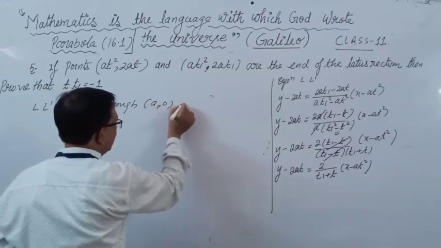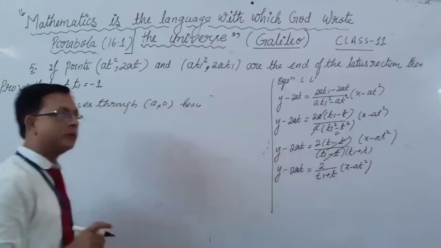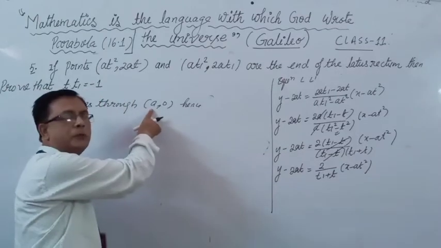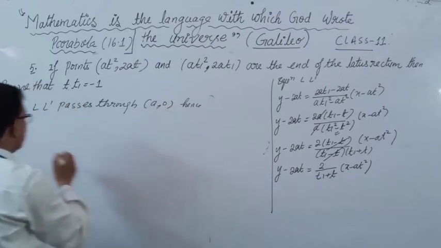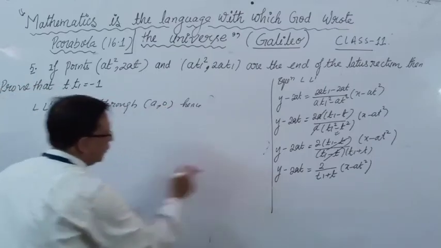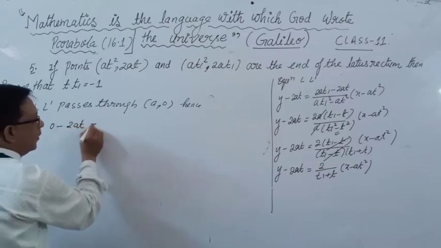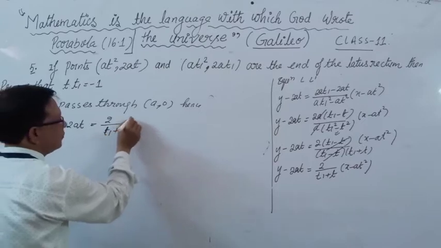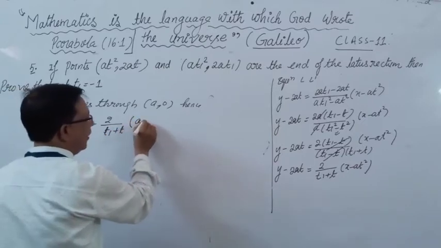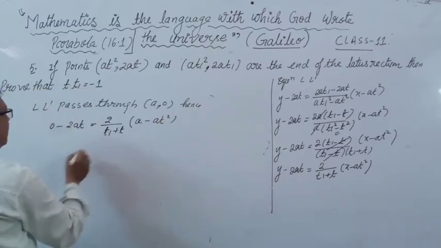Hence this point satisfies the equation. It means in place of x we put a, in place of y we put 0. So this is 0 minus 2at is equal to 2 upon t1 plus t, a minus at square. So cross multiply this.